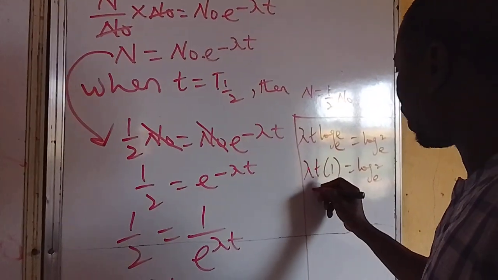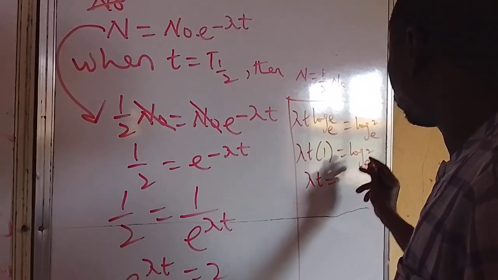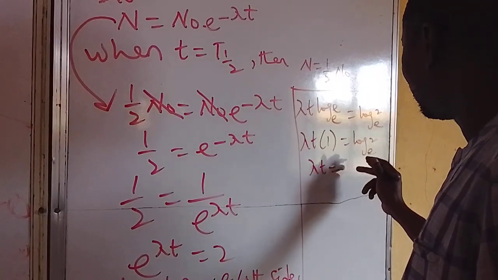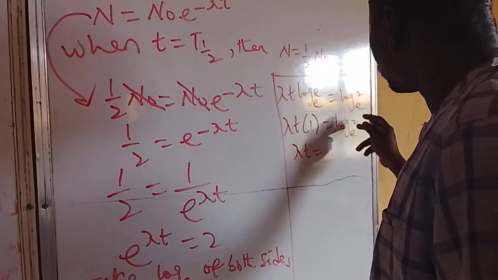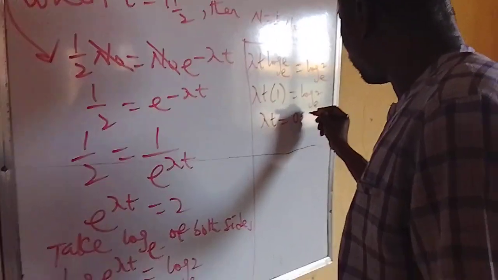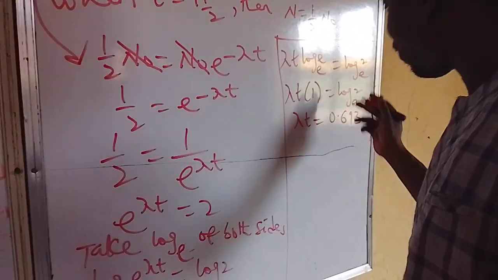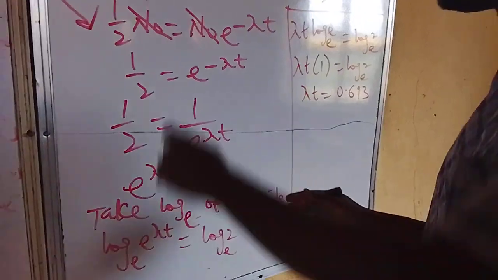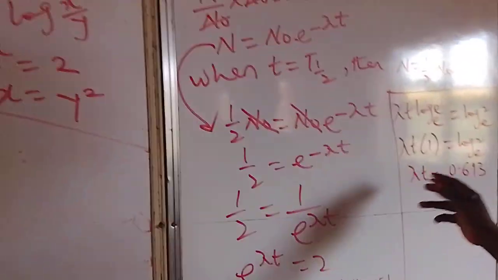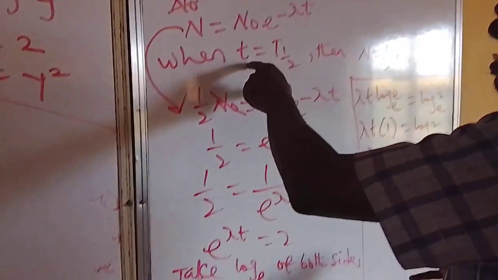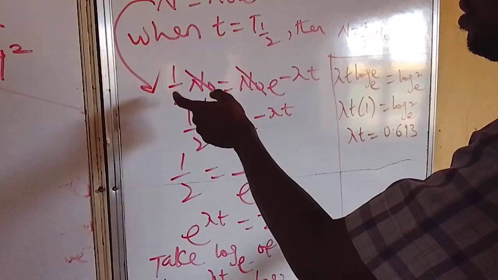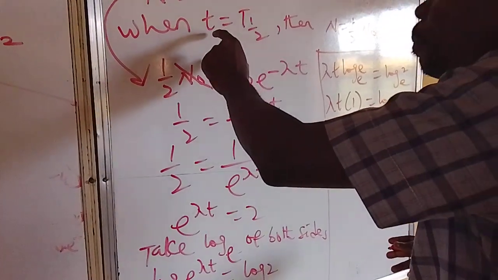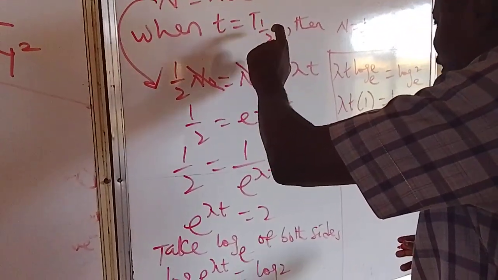So lambda t times 1 is lambda t, which is equal to log 2 to base e, and mathematically, log 2 to base e is ln 2. The value of ln 2 is 0.693. And as I said from the start, we are talking about the time giving rise to half-life, that is the time taken for half the number of atoms to disintegrate. So I'm going to replace this t with T half, which is the half-life.